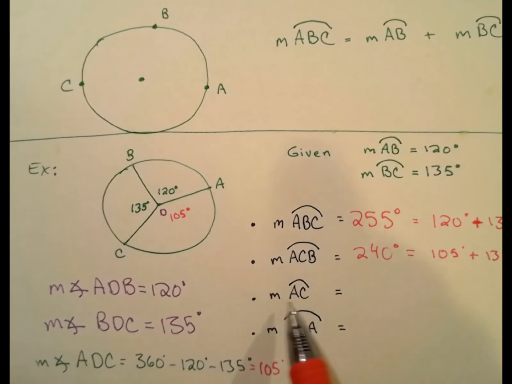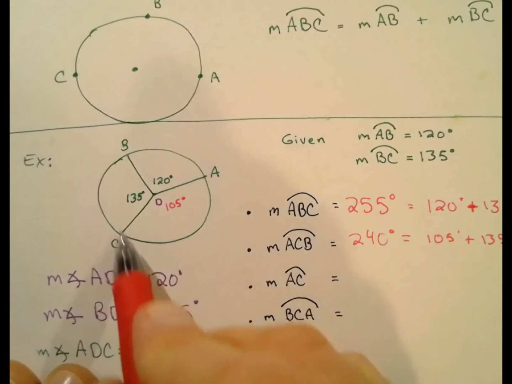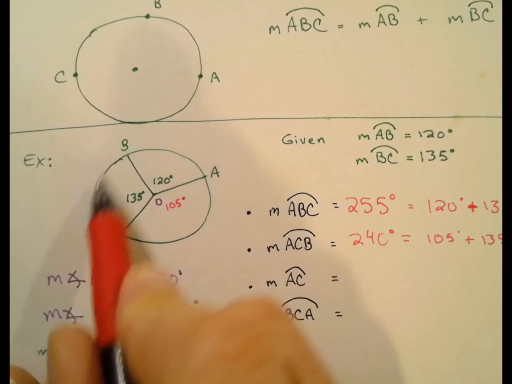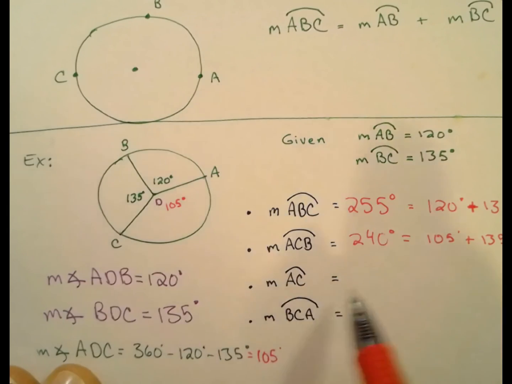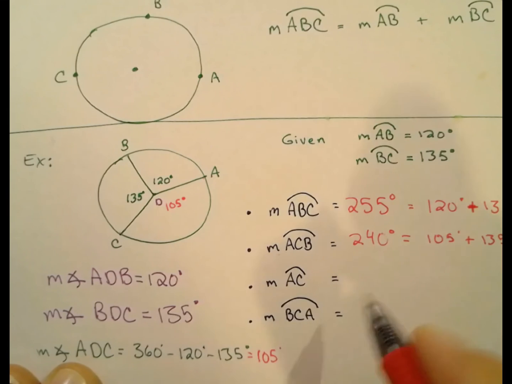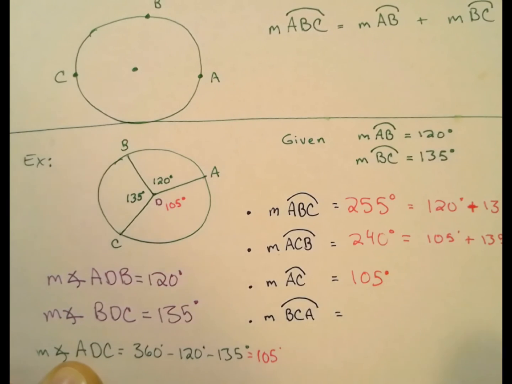Okay, the measure of arc AC, we actually already figured that out a moment ago. That's just going from A to C. And with the 2-letter name, we're going to consider the minor arc. For the major arc, I'd give some third letter in the middle that I have to go through to get to the end point. So it's just going to be plain old 105 degrees.